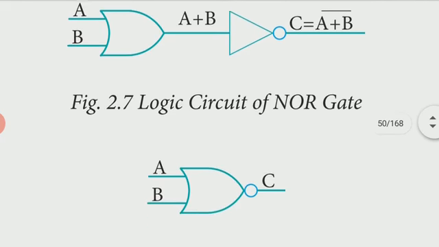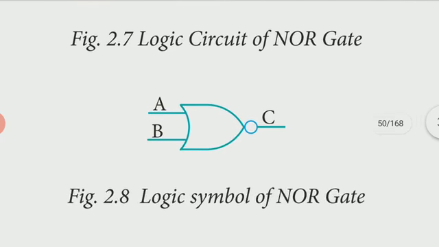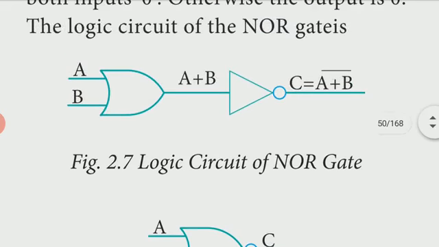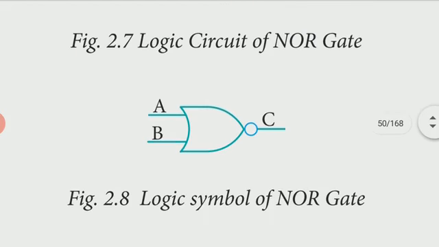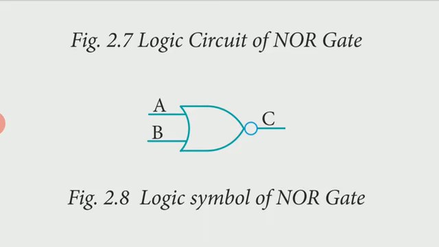See, this is the logic symbol: A, B with the OR symbol, and they include one bubble. That is called the NOR gate logic symbol. So this is the logic circuit and this one is the logic symbol.